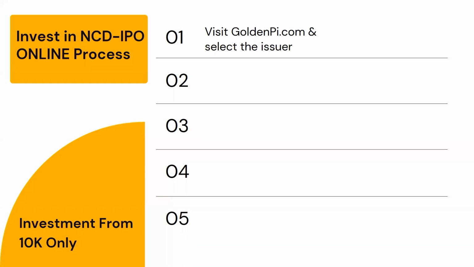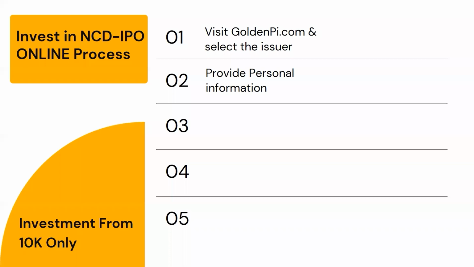So the first thing you can do is visit Golden Pie. We continuously run NCD IPO windows from time to time based upon the issuances that come into the market. After visiting the platform, you can select the issuer of your choice, whose NCD you want to invest in.